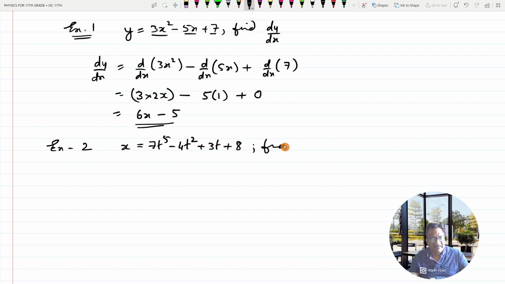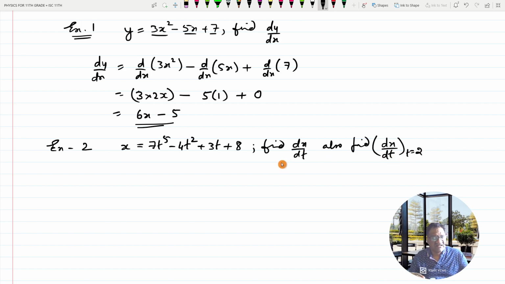You have to find dx by dt, and also find dx by dt when t is equal to 2. Now this is the question.